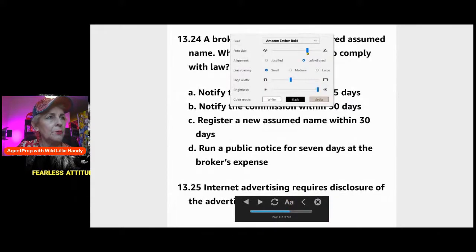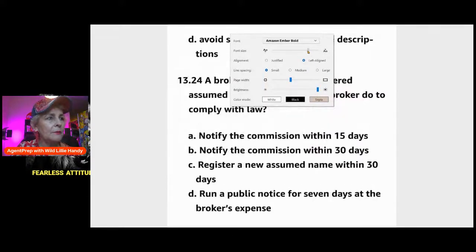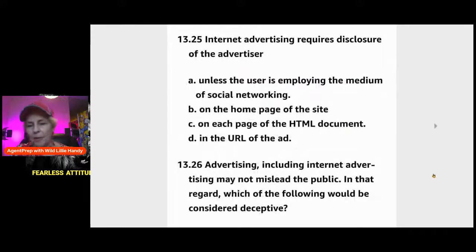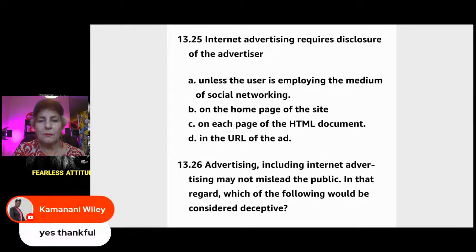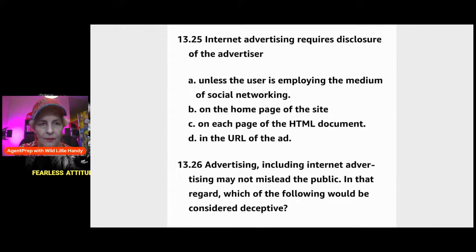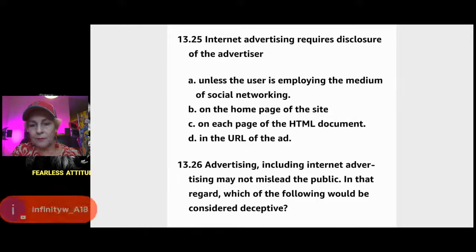All right, number 25. Yes, be thankful. Be thankful and grateful of everything that you have, okay? The fact that you're here watching, you've got your eyesight, you have your hearing, right? You can write, you can read.